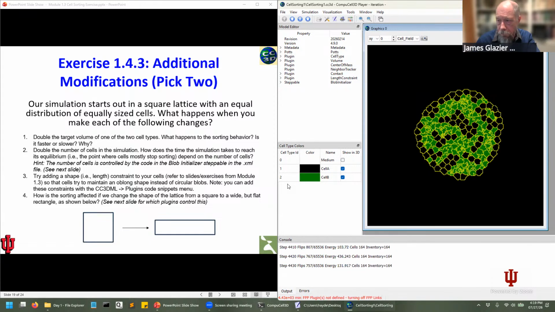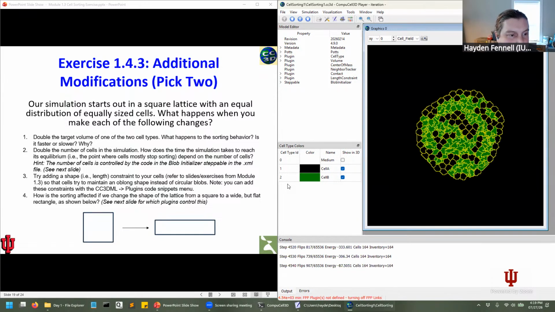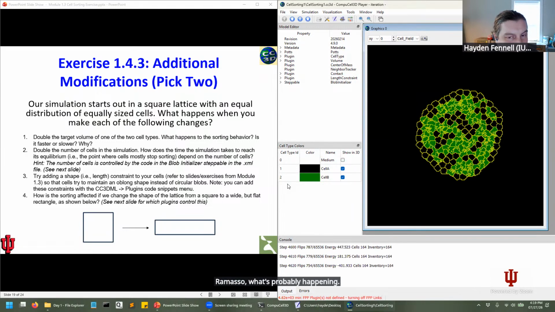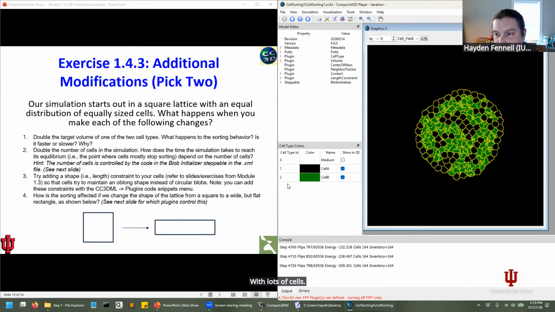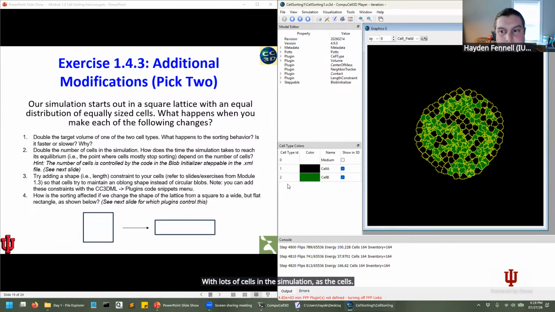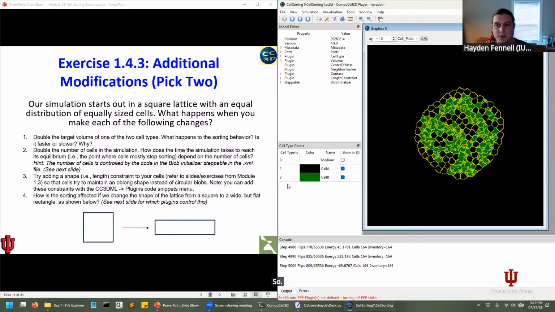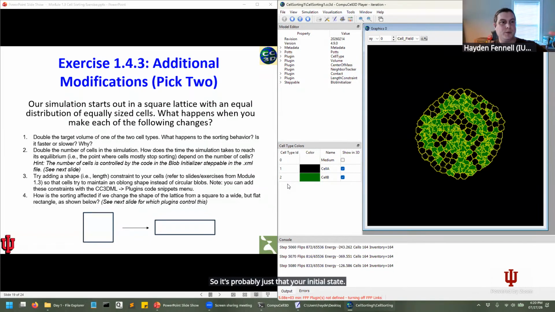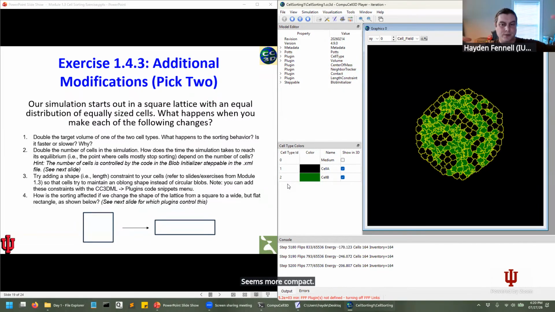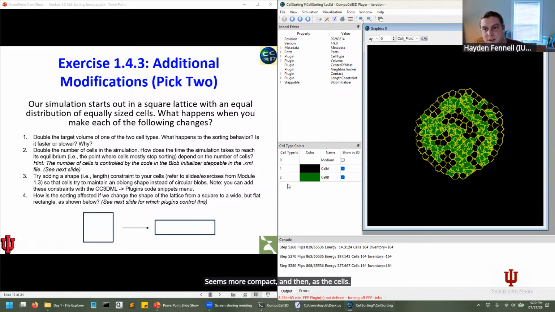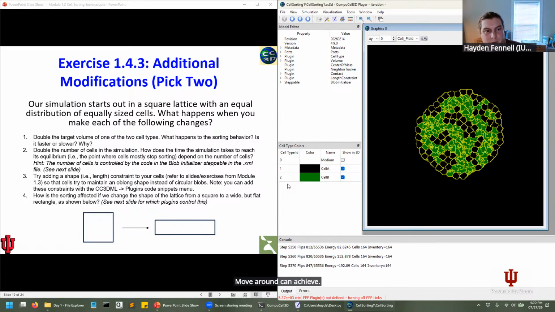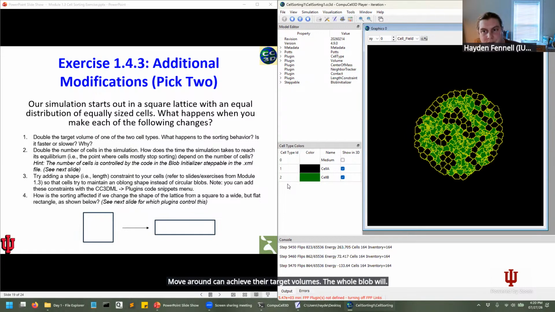Ramasa, what's probably happening, with lots of cells in the simulation, is that as the cells relax and reach their target volume, they push out against each other. So your initial state is probably just more compact, and then as the cells move around and achieve their target volumes, the whole blob will expand a little bit.